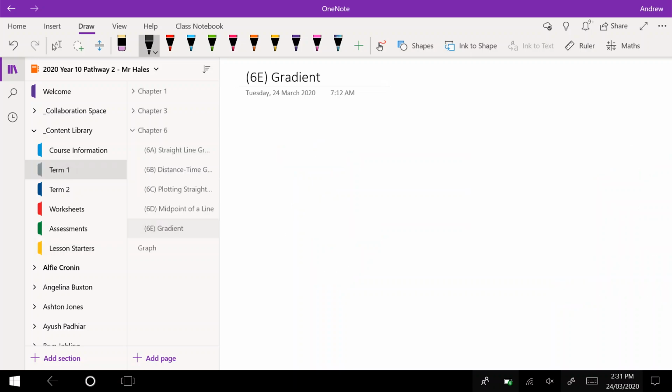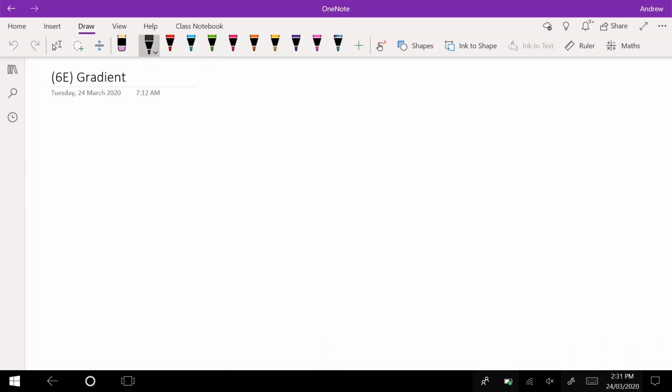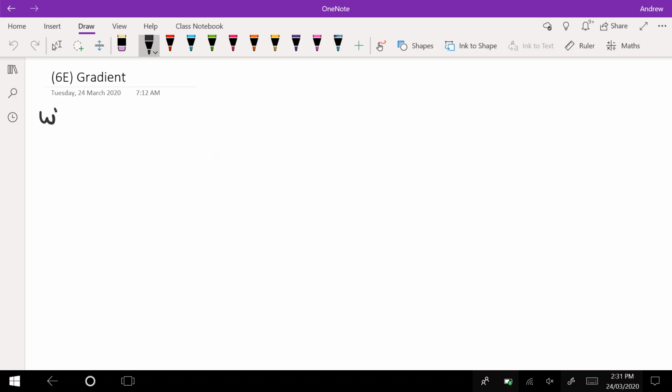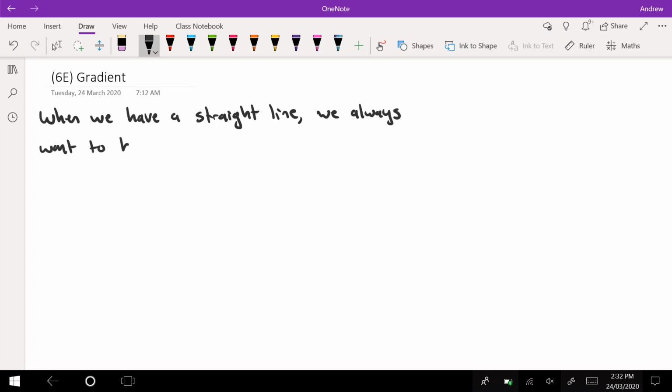Today we're moving on in our lines. We're going on to gradient. Okay. So when we have a straight line, we always try and find out, we always want to know how steep the line is.